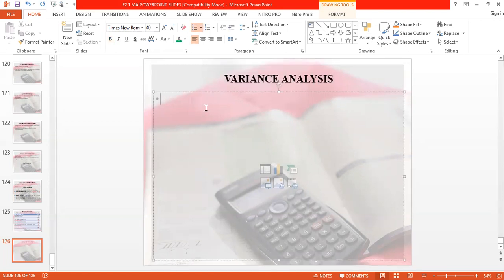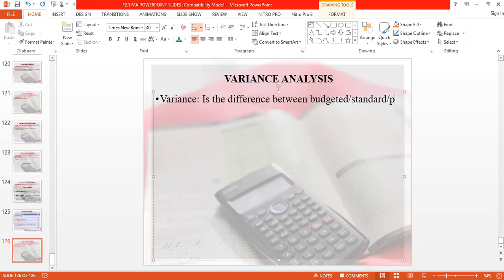So I'll start by saying a variance is the difference between budgeted figures, the other word for budgeted is standard, the other word for standard is planned, and actual results.